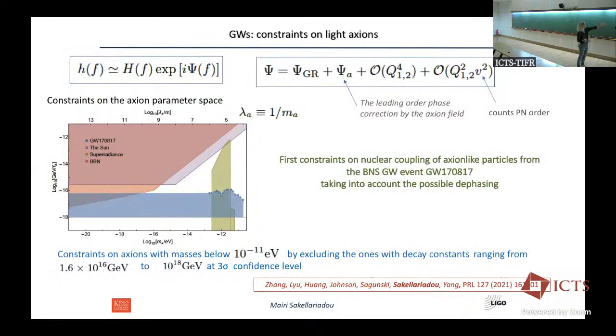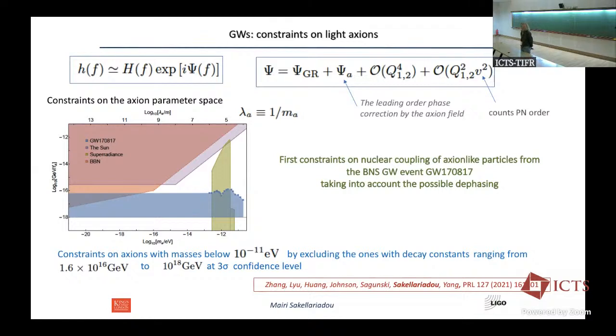We have constraints on axions below 10 to the minus 11 eV. If you think such axions could play the role of dark matter, I'm fine. If they don't, too bad. But these are the constraints we found from only this one event.